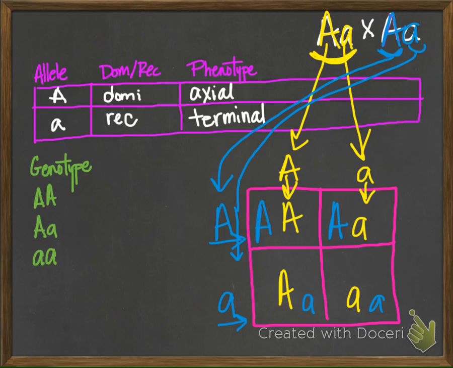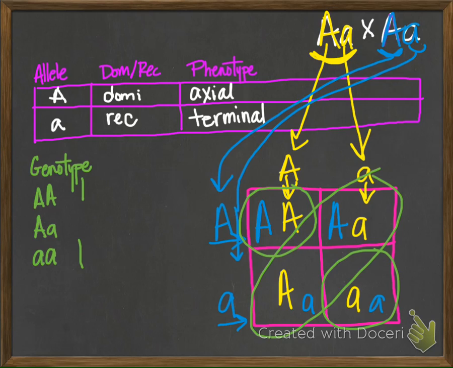And in this case, you have one that is homozygous dominant, one that's homozygous recessive, and 2 that are heterozygous.